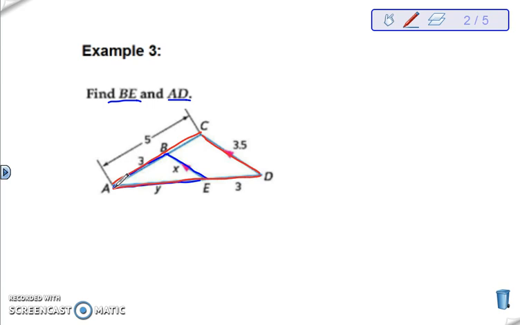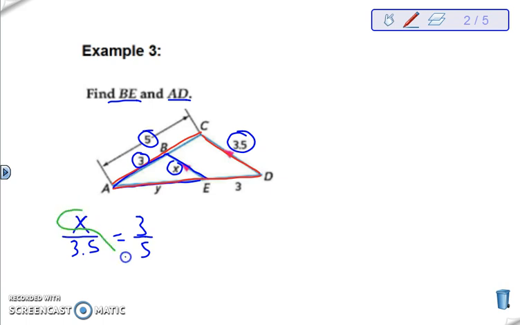So I'm going to take X over 3.5 because the X is corresponding to the 3.5. Then I'm going to take 3 over 5 because again the 3 over here corresponds to the 5 over here. And then we will solve it out by cross multiplying.